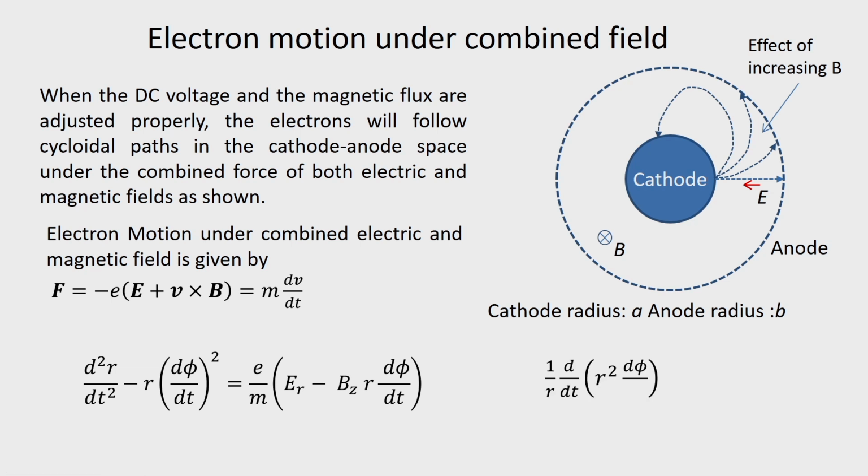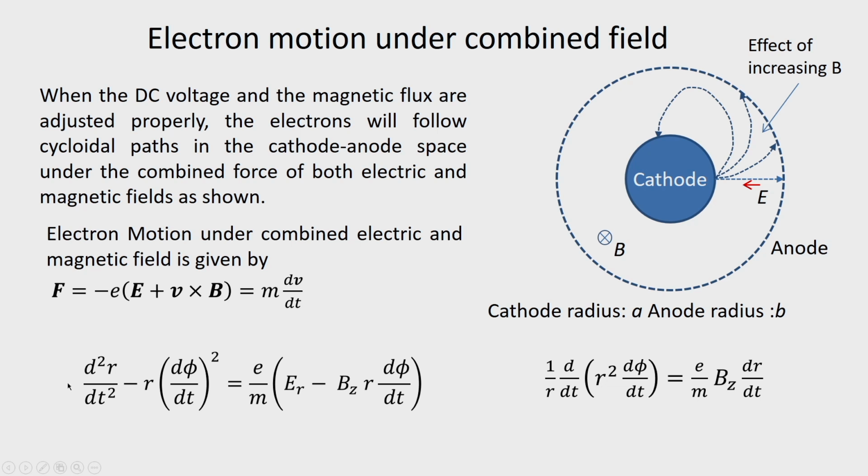and 1 by r d/dt of r squared d phi/dt is equal to e by m B_z dr/dt.